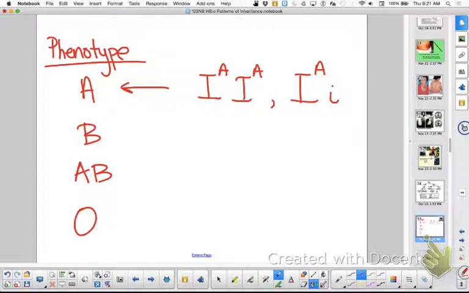Now don't look at your notes, okay? Just look up here. Could you figure out all the other genotypes from what I gave you right there? Discuss with your BioBuddy. See if your brain wraps around that.